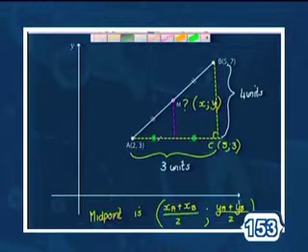So this would have to be 1.5, and this would have to be 1.5 across. So if I've gone from 2 and I add 1.5 to 2, that would place my M value as being 3.5.